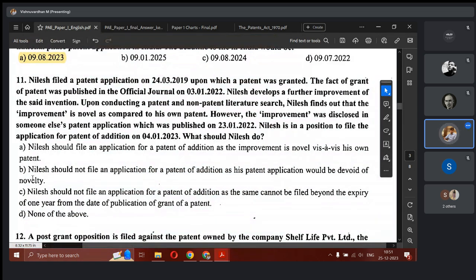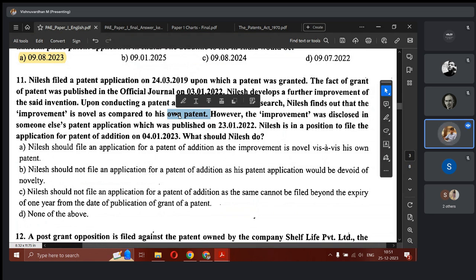To my understanding, the answer has to be A because with respect to his own invention, I already told you, a patent of addition can be filed only by the same applicant. So if there is another application filed by Dekisugi that has already incorporated this feature, he will never get the patent on that, because there will be no inventive step with respect to my own invention.